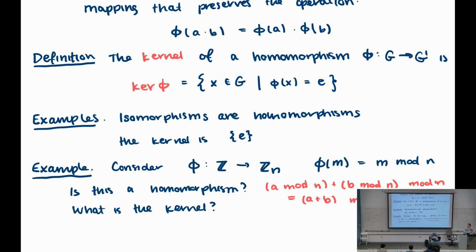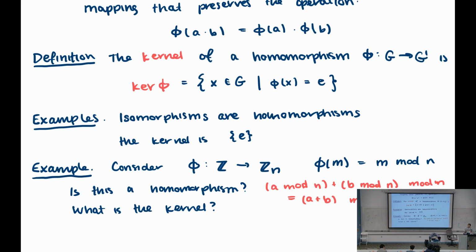Okay, and you could see this by, if you wanted to, writing out a and b in terms of the remainder theorem and just check this, but this equality is true, so this map is a homomorphism.